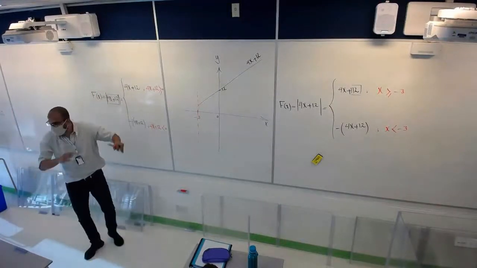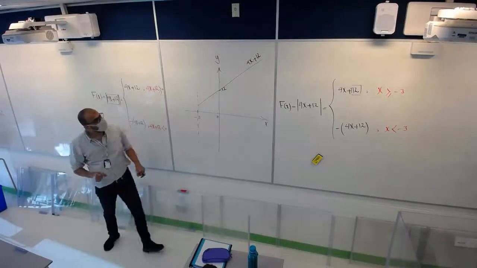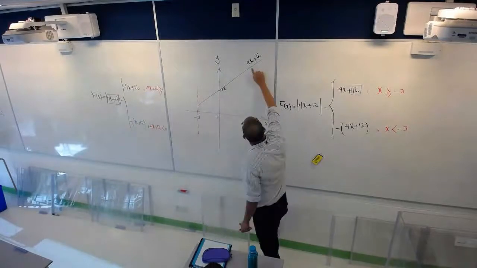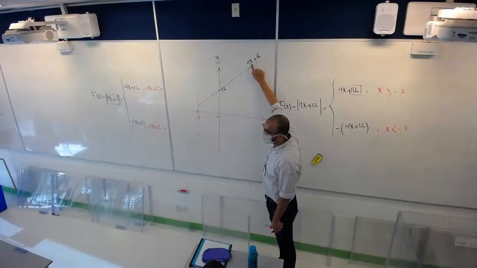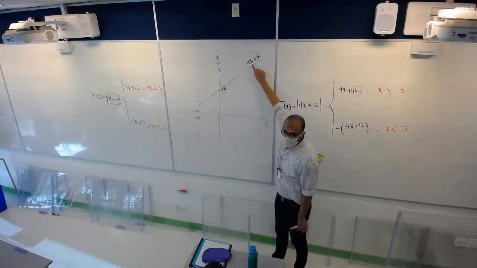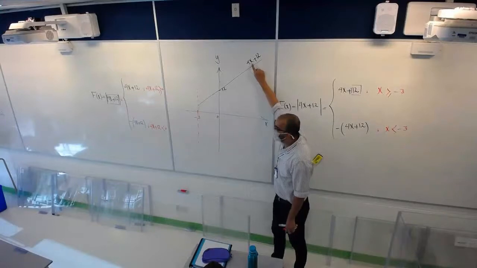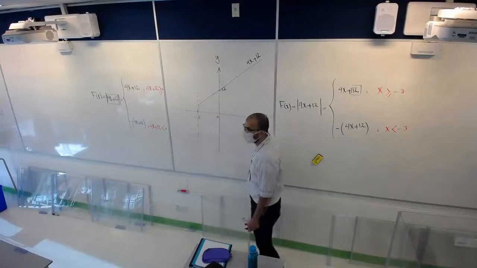I just did it approximately. But if you want to do that, take 2 numbers from there. For example, put x equal to 0, you get y equals 12. One point is there. Take x equal to 1, you get y equals 16. For example, 1 and 16 there, then you connect those 2 points together.